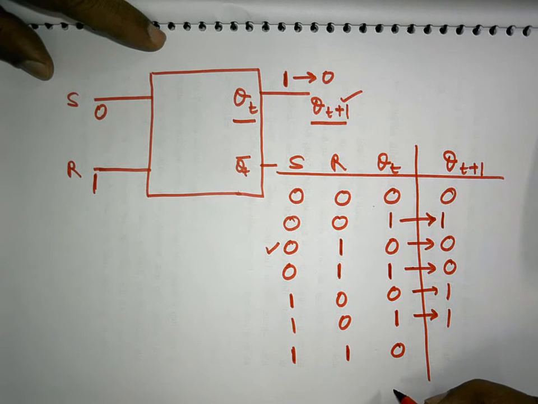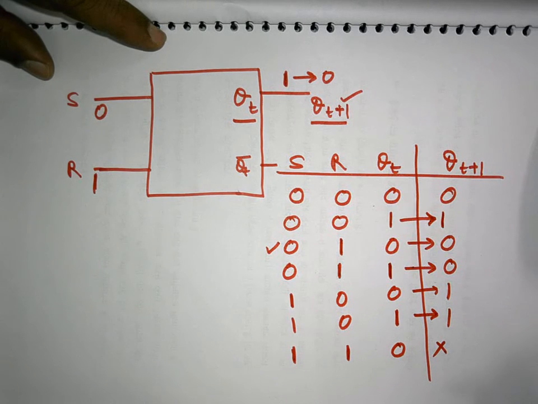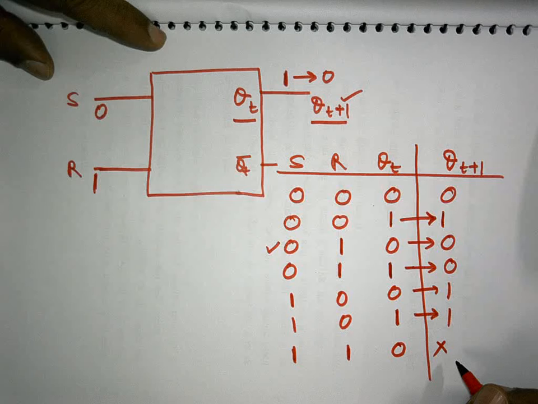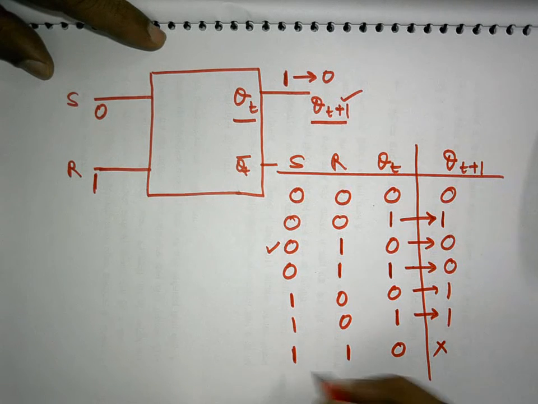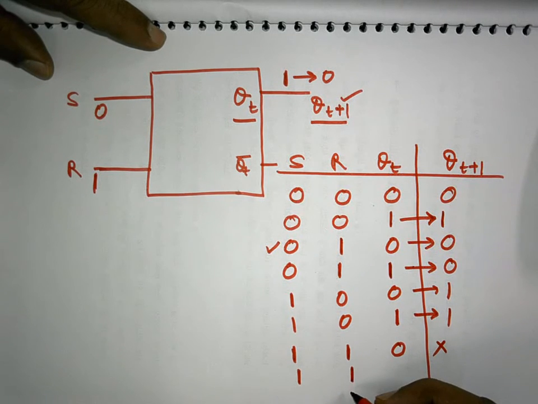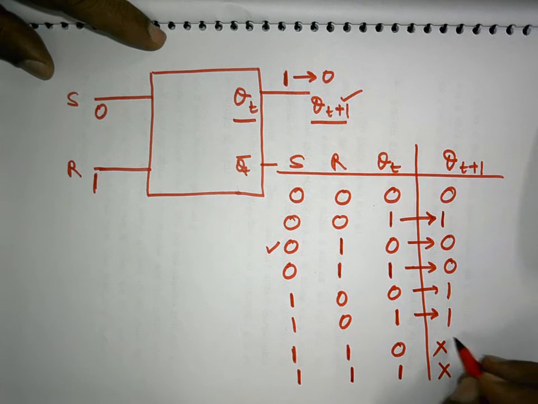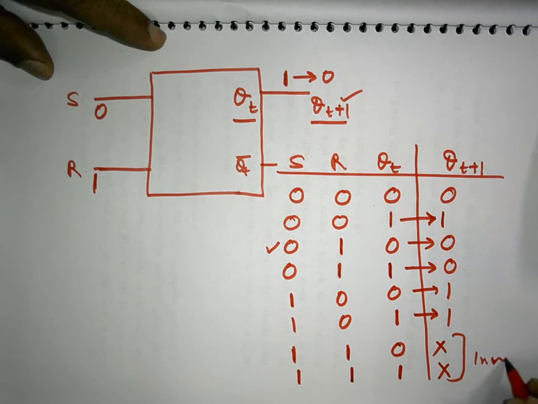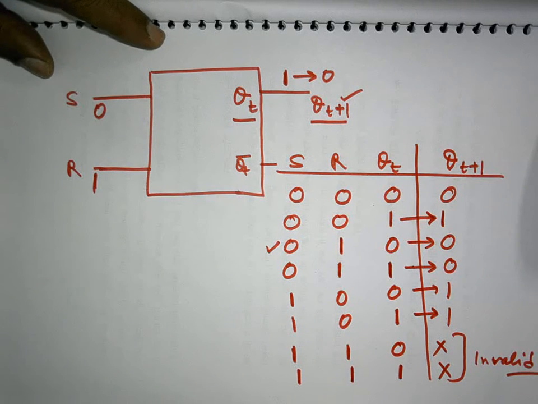This is invalid. Maybe 0 occurs at this output, maybe 1 occurs. If the applied input is 1, 1 and the present state was 1, still the output is undetermined or invalid.